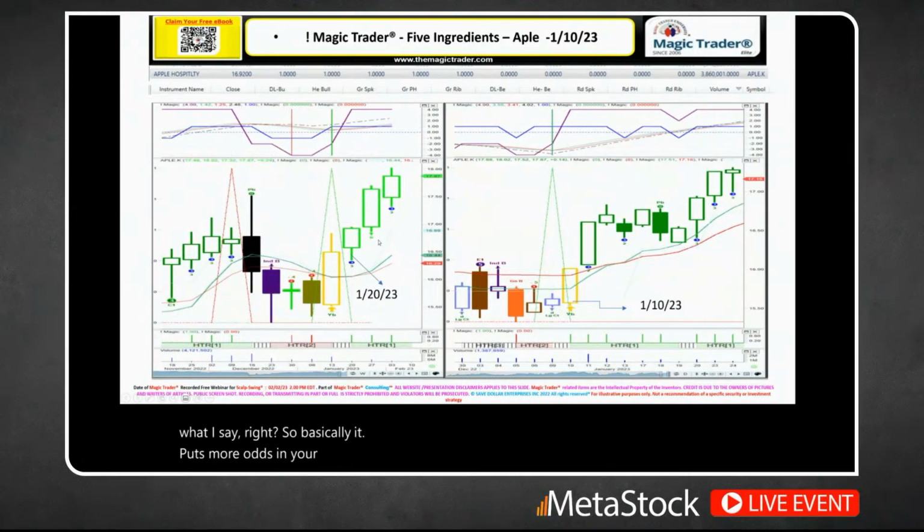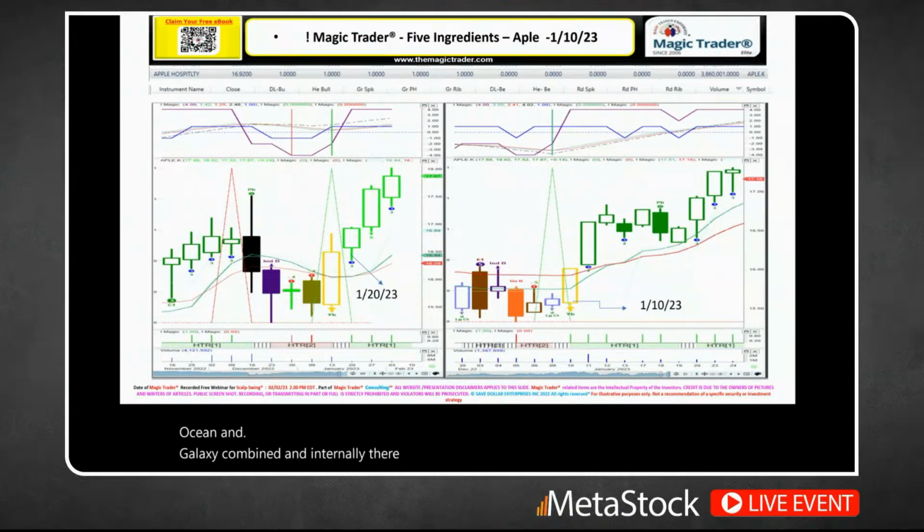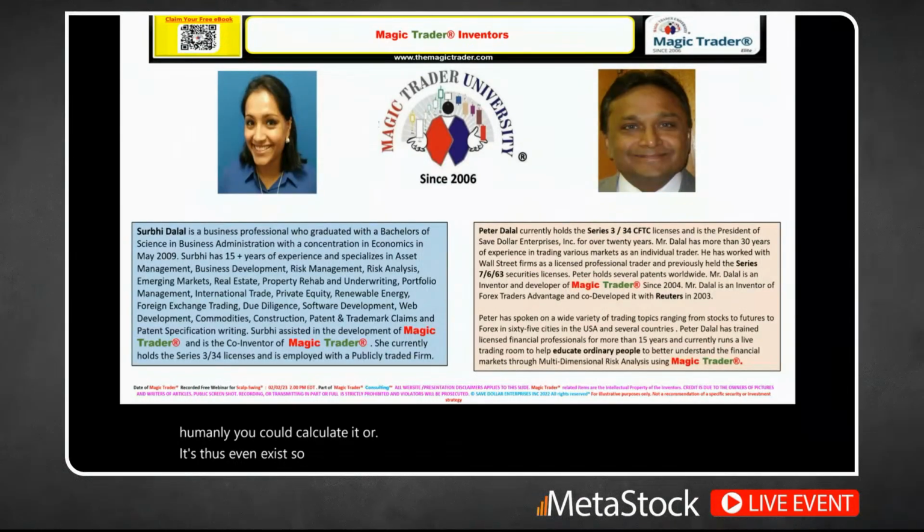There are a lot of tricks in there, right? How I get in earlier, like an ocean and galaxy combined, and internally there are 10,000 items in the original software. So there is no way humanly you could calculate it, or it does even exist. So basically, the software has a lot of sophistication inside of it, and that's why we have patents.